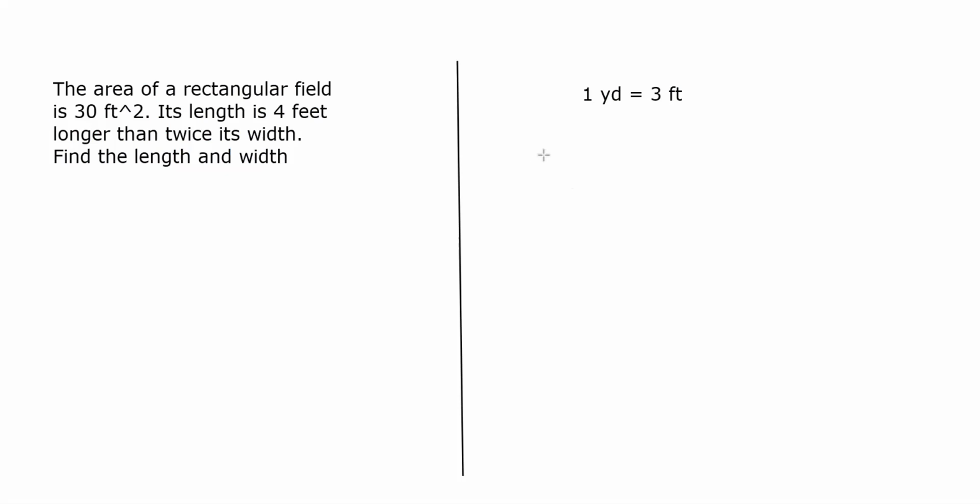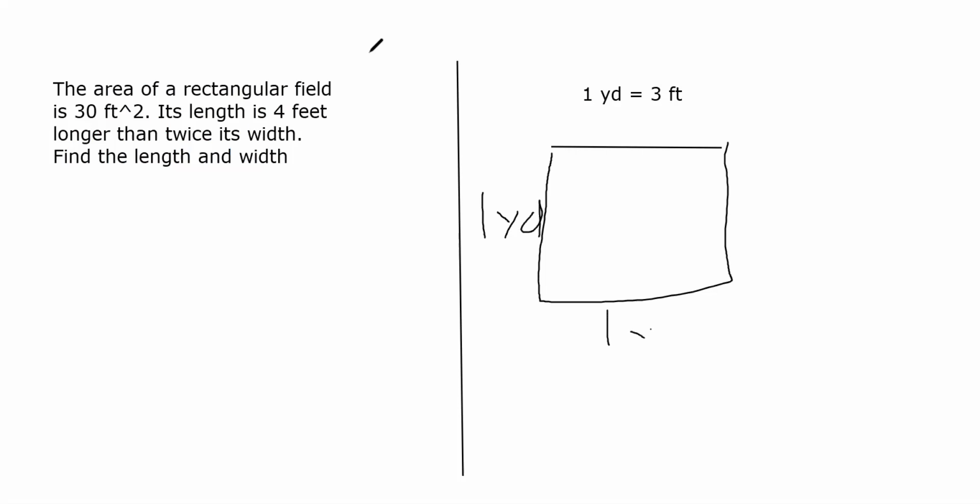Because let's think about it. It's going to be easier to just draw it. Here we go. Let's say we had a square. And yes, that's the best square you're going to get out of me, freehand. Let's say we had a square that was 1 yard by 1 yard.